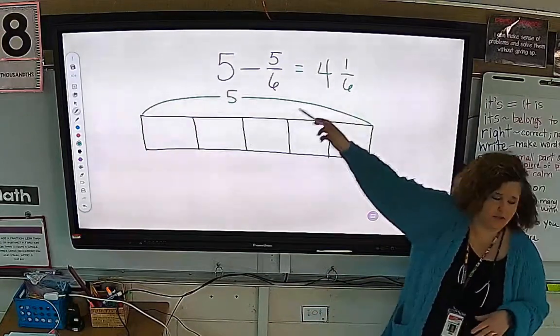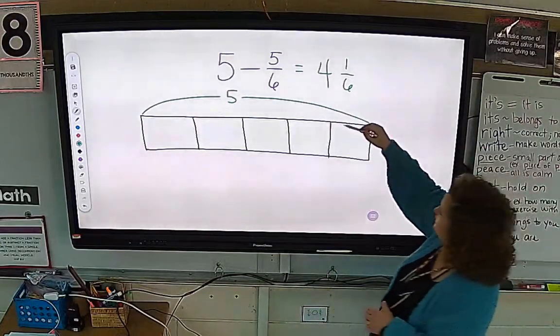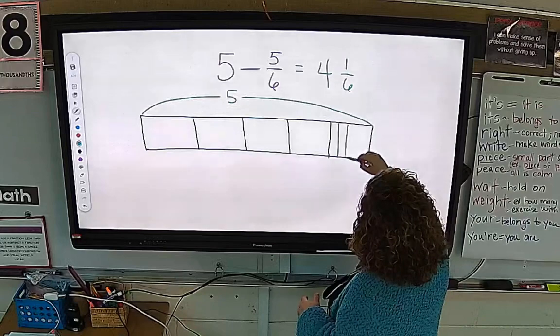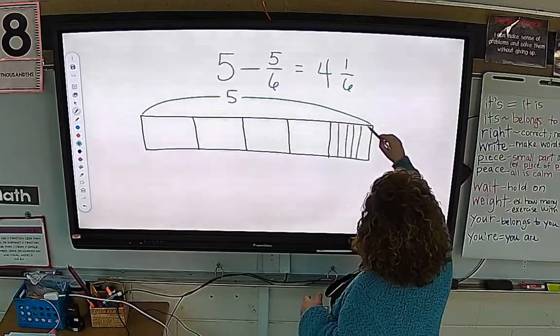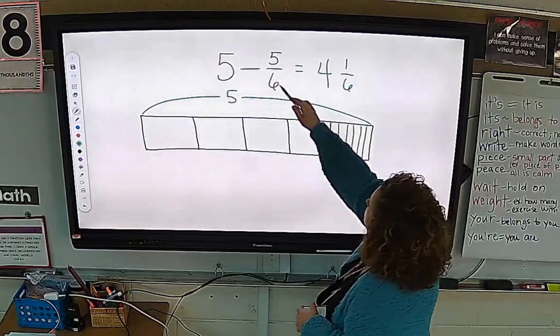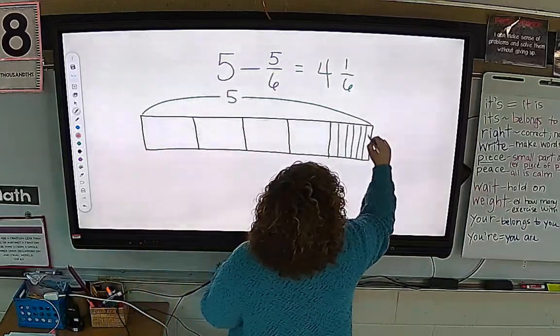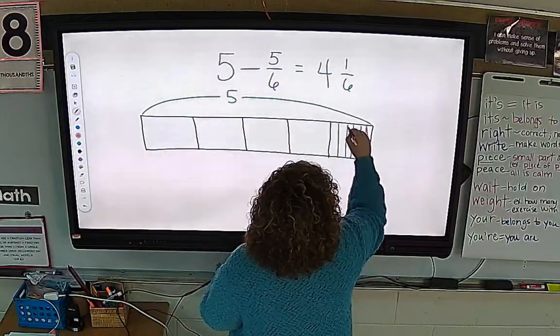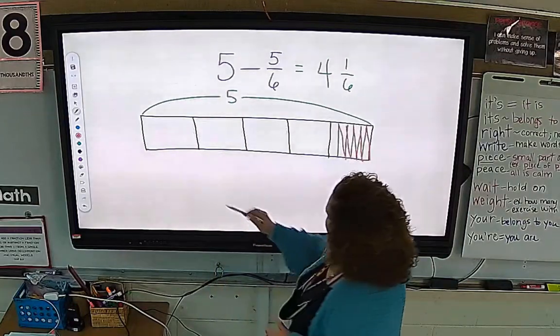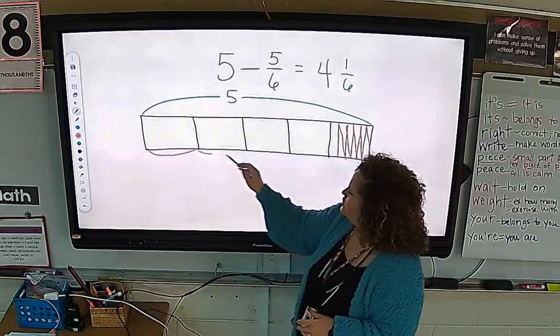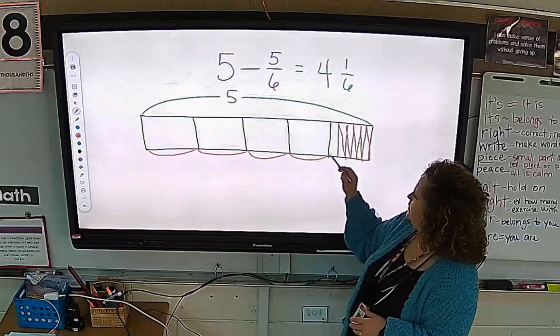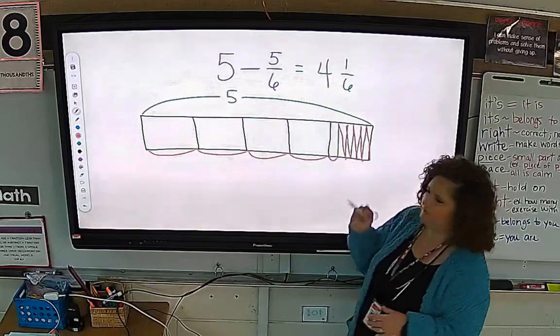We know that our denominator is 6, so we're cutting these into 6 pieces. Okay, and I know I'm getting rid of 5 of them. So just like Bailey said, we've got 1, 2, 3, 4 whole pieces, and then this little fraction, right?